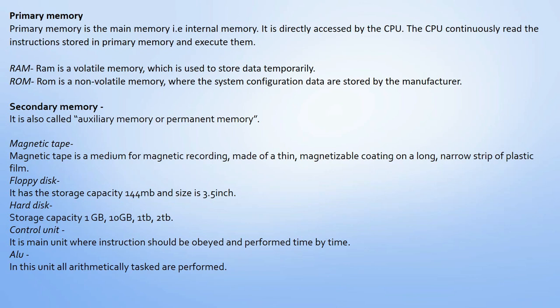The major difference is that floppy, CD and pen drive are movable secondary storage units. They can be carried from one place to another, whereas a hard disk is not movable because it is fixed inside your CPU box.